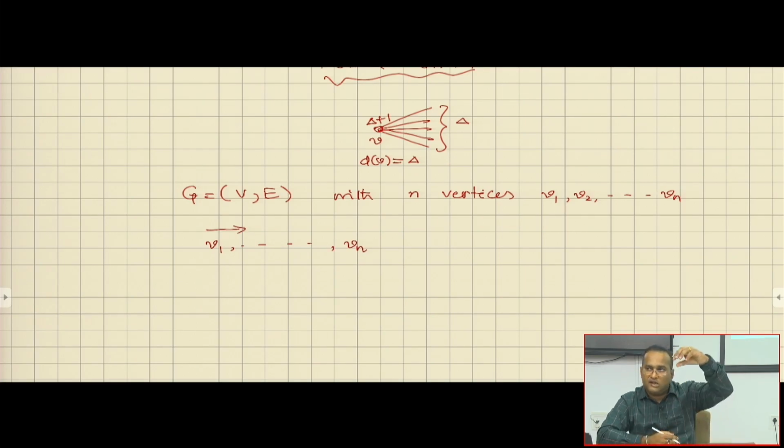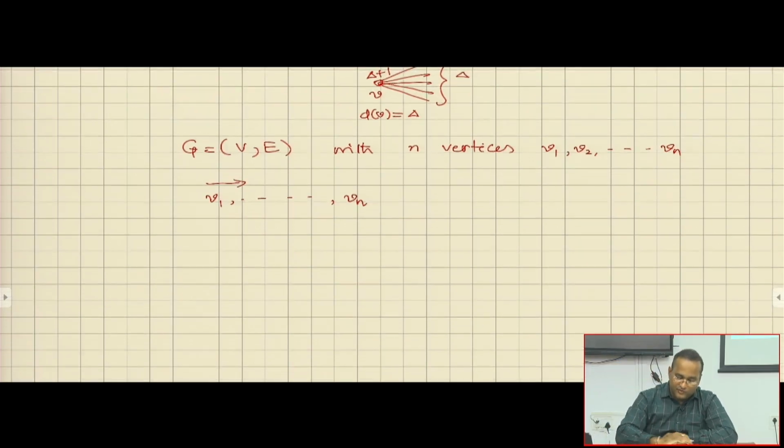We need to color v1 first, then v2, like that up to vn, right? So what rule are we going to follow? Suppose v1 we have given the color 1, right? So v2, which color are we going to give?